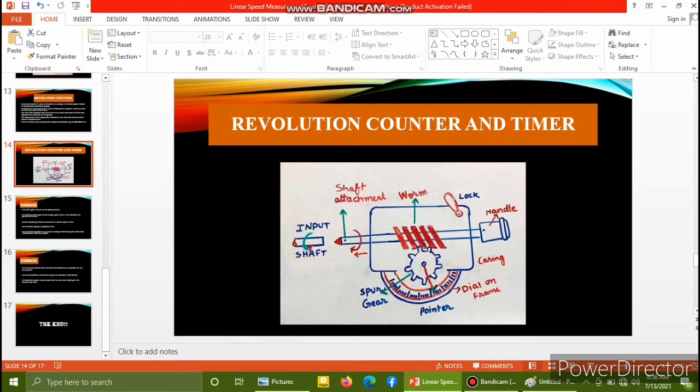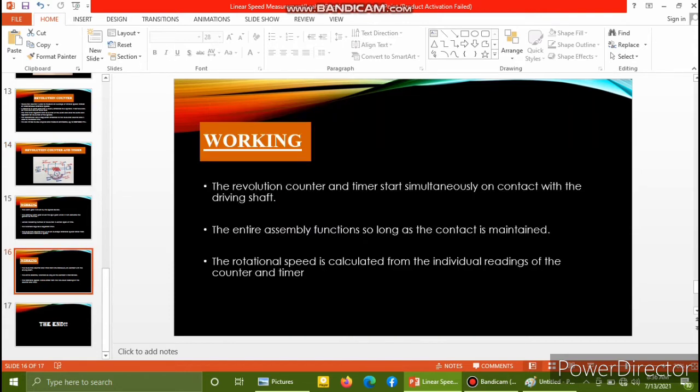The worm gear also starts rotating, including the spur gears, and the pointers start moving to give an accurate count of revolutions. Simultaneously means they all start together. The entire assembly functions as long as the contact is maintained. The rotation is calculated from the individual readings of the counter and timer.